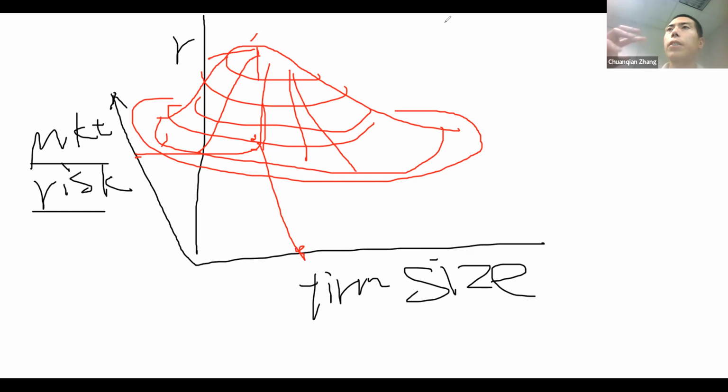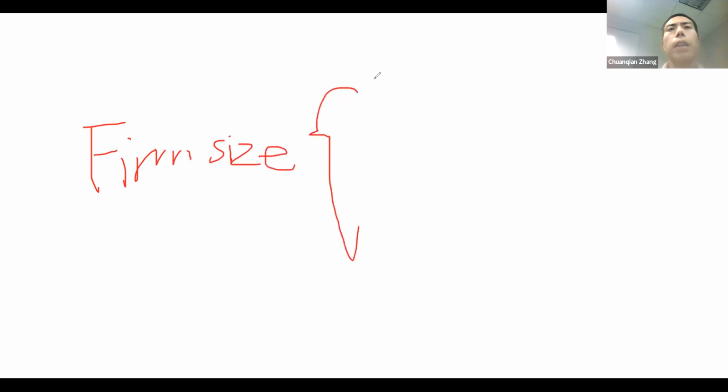Or we can simply discretize to two types. For example, firm size: big, small.